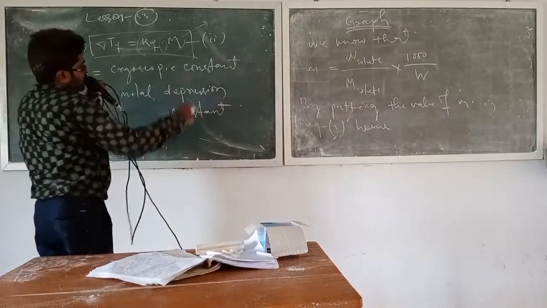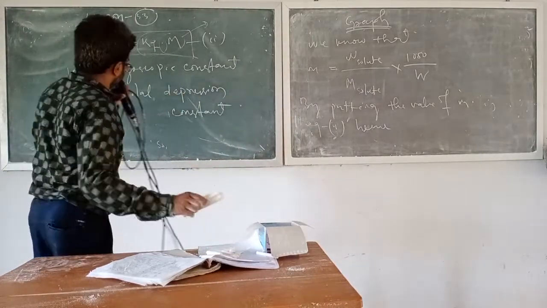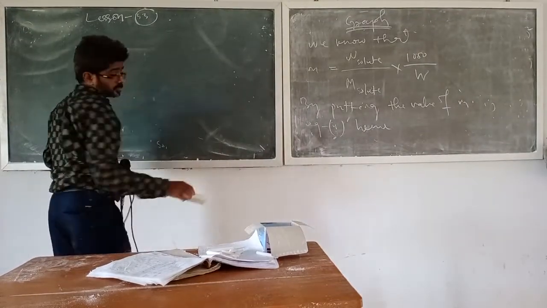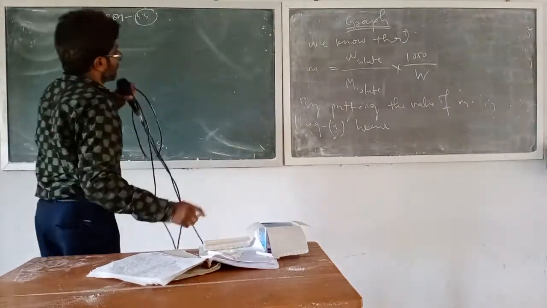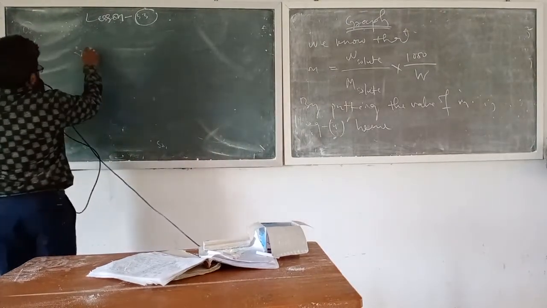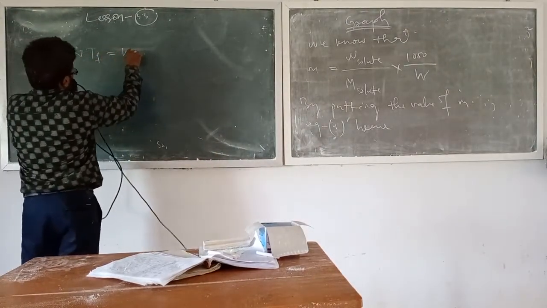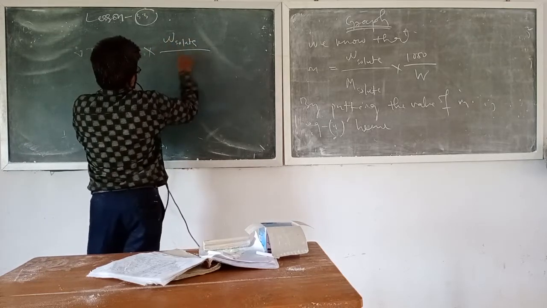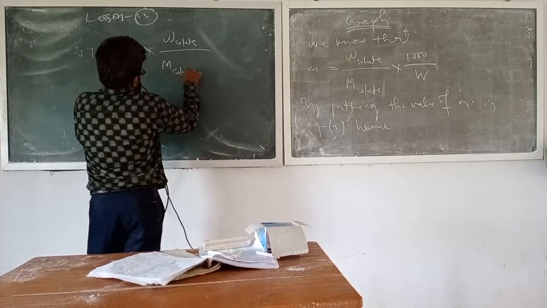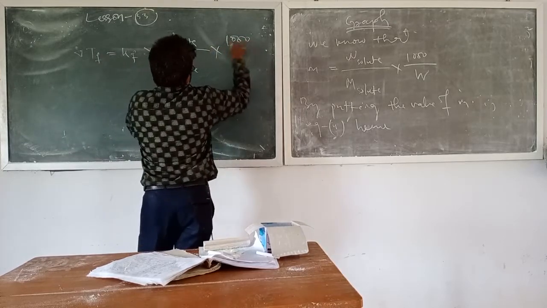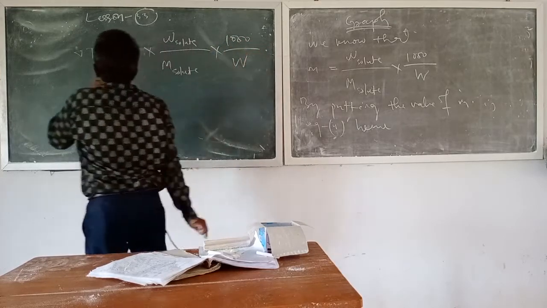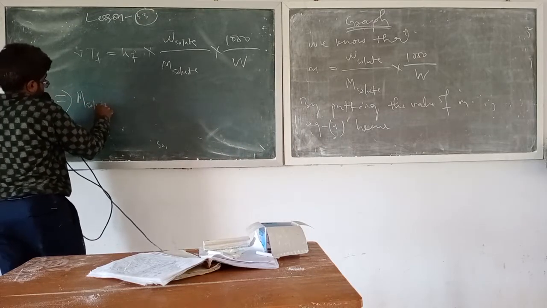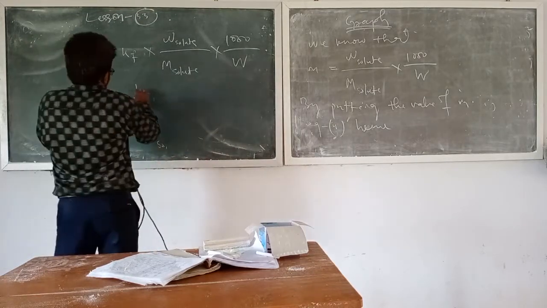So by putting the value of M in equation 2, we have delta TF equal to Kf into W solute by M solute into 1000 by W. That implies M solute equal to how much?